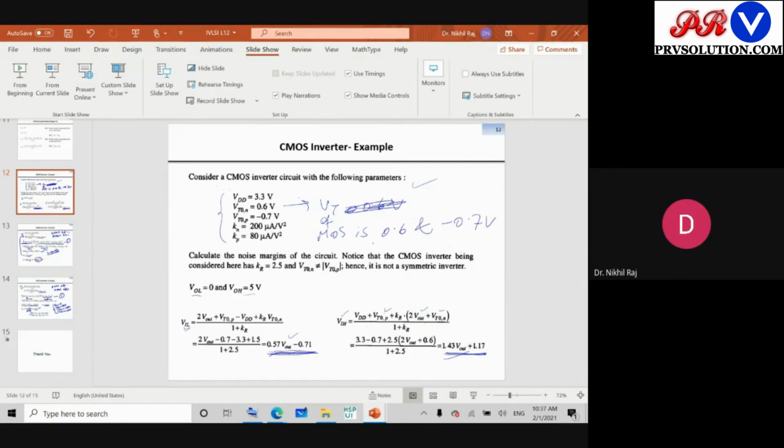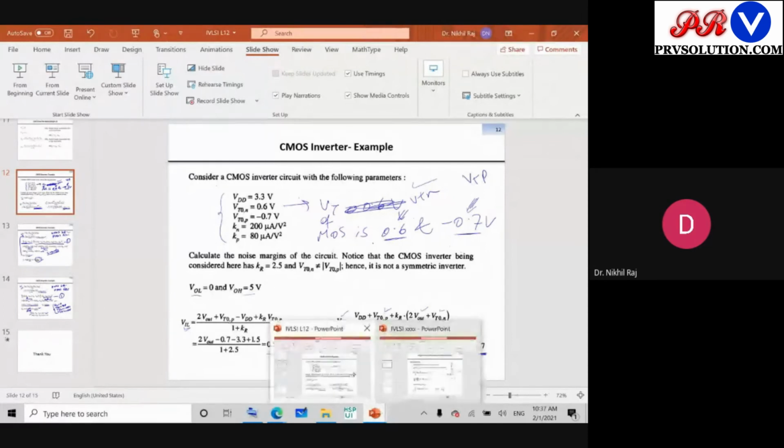So you have to be very clear which VT belongs to which MOSFET. From the nature of the MOSFET, we know that for the PMOS the threshold voltage will be negative. So definitely this will be VTP and this will be VTN. This way we calculate the noise margin of the CMOS inverter.